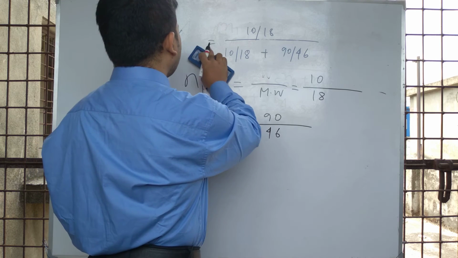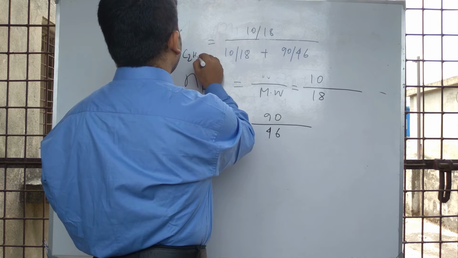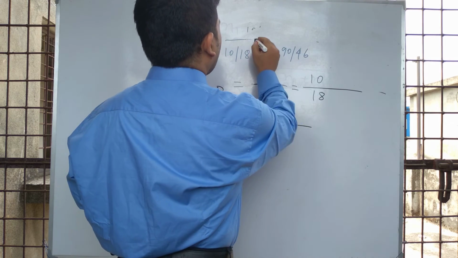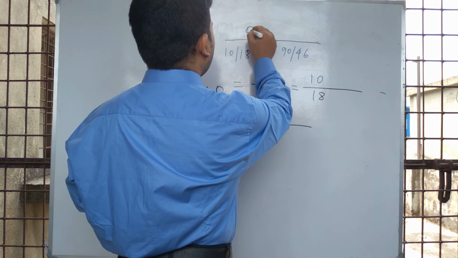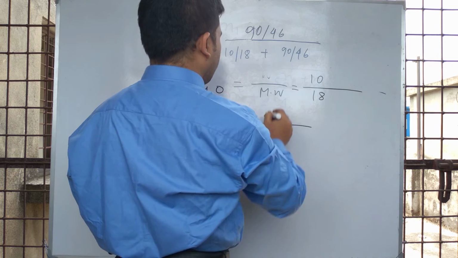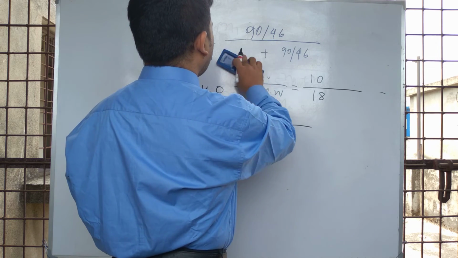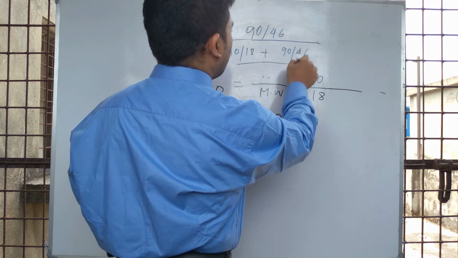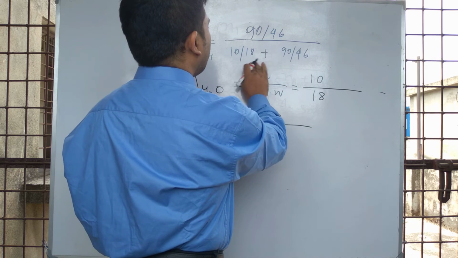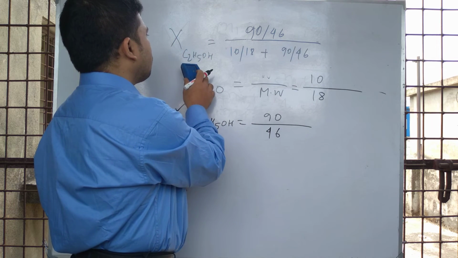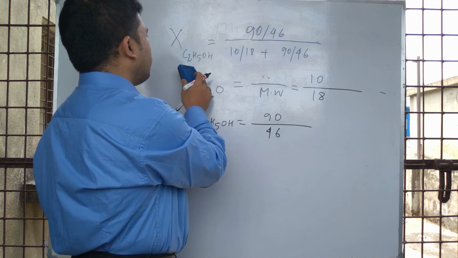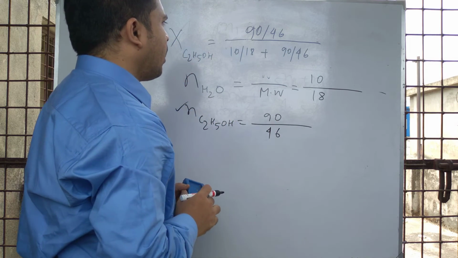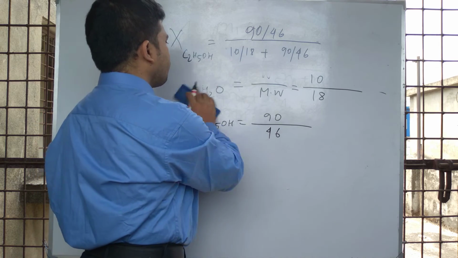Similarly, for the mole fraction of ethanol, we write the moles of ethanol, 90 by 46, in the numerator, and the denominator is the same, 10 by 18 plus 90 by 46, the total moles of the solution, which stays unchanged.